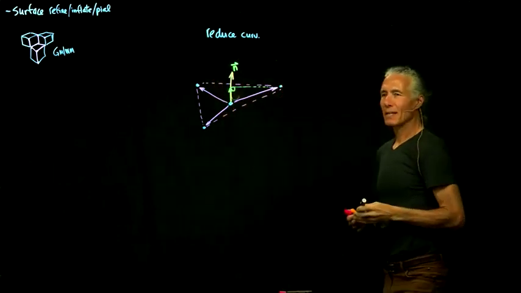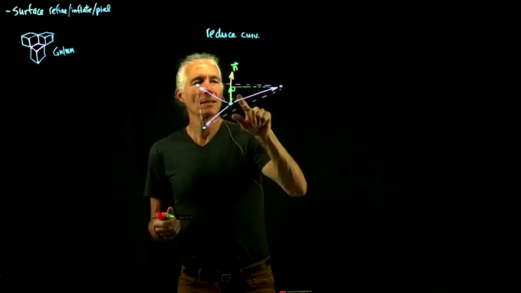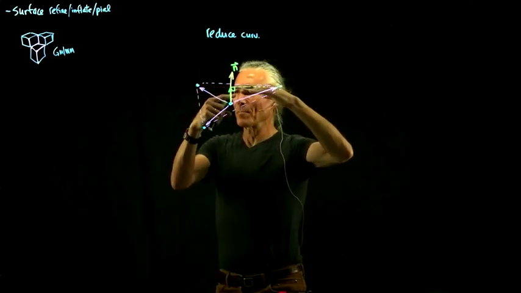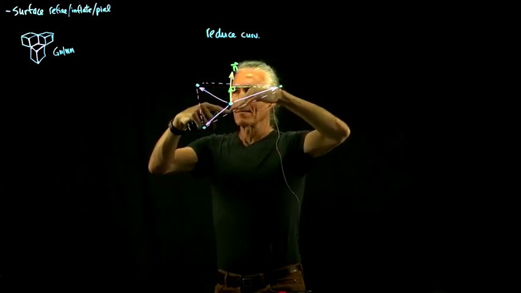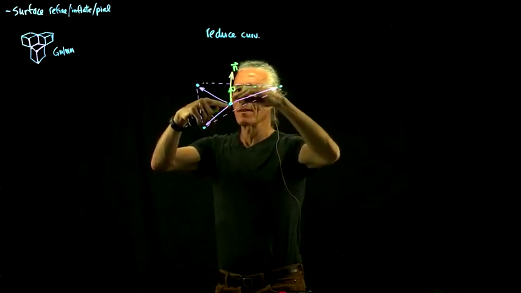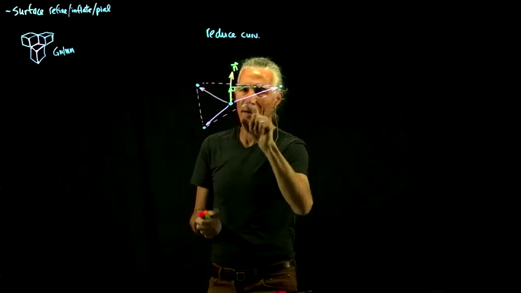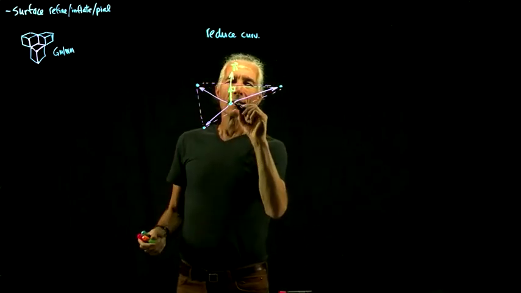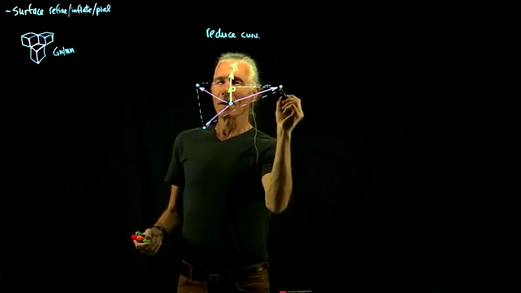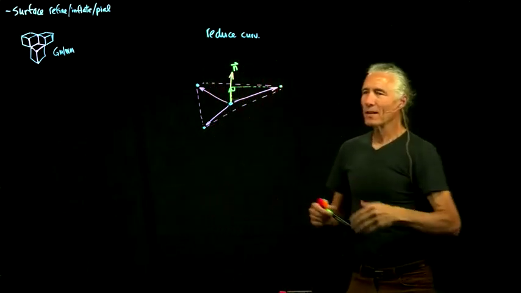And what is that? That's kind of how curved it is. If the length of that vector was 0, it would be just a flat plane. If it's concave, then that vector is going to have a positive number. If it's convex, that vector would have a negative number. That's the dot product between the vector going to the nearby vertex and the normal. So that's how you get rid of curvature.